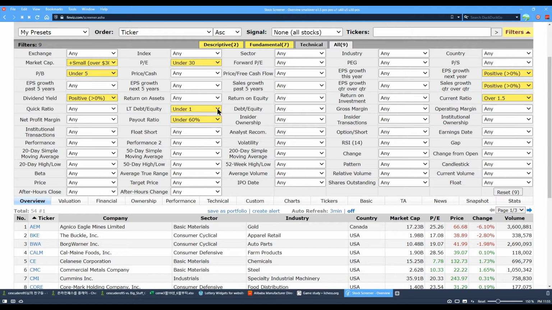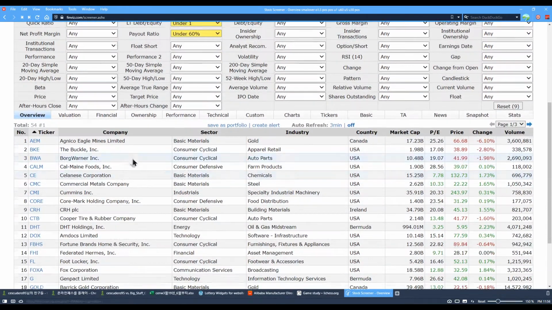They all have a lower than 1 long-term debt to equity. They have a payout ratio under 60%, and they're expected to grow earnings next year. They have shown positive earnings growth over the last quarter. And over the short to medium term, they are all in good financial standing. They will be able to pay their bills based on the current ratio. So that's what we're showing on this list of 54 stocks that we have.